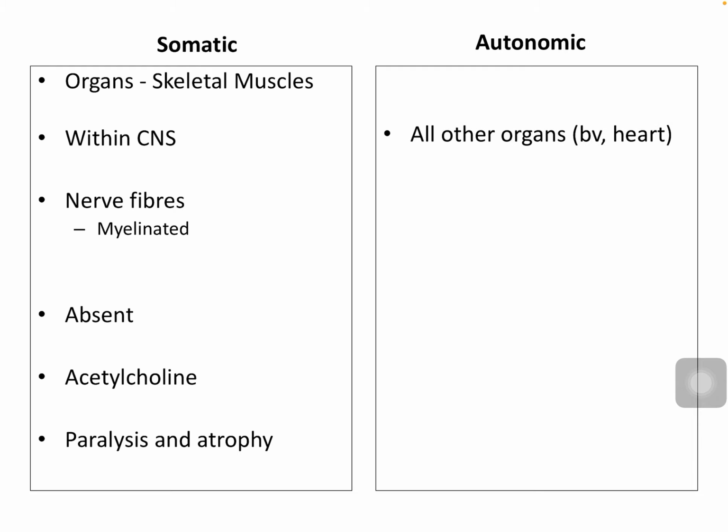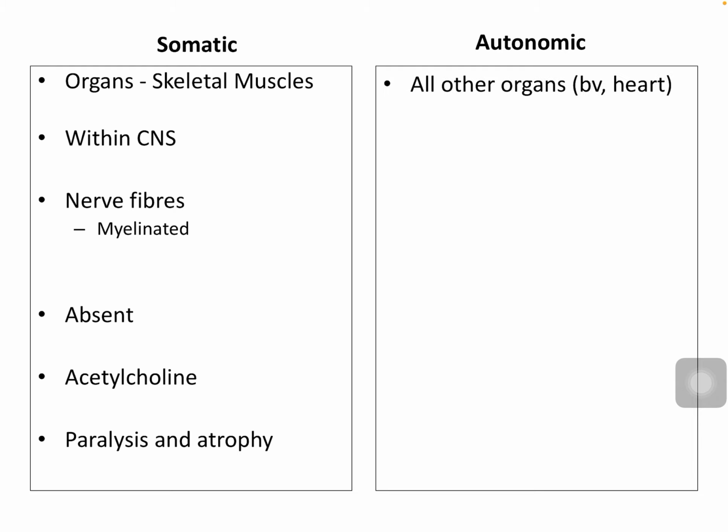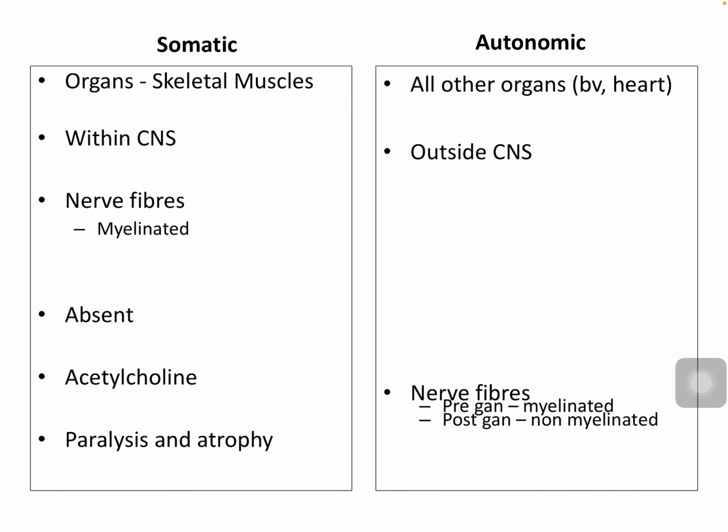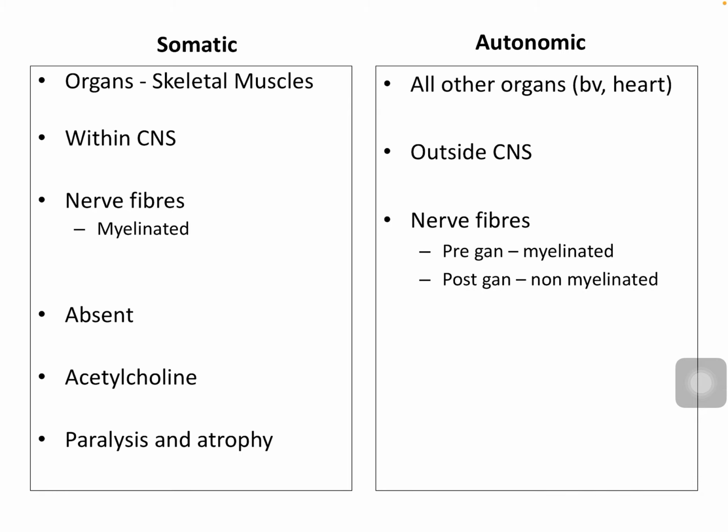In the autonomic type, all organs other than skeletal muscles are supplied by the autonomic nervous system. It can be parasympathetic or sympathetic. The neurons are located both within and outside the CNS. The preganglionic nerve fibers are myelinated, and the postganglionic ones are non-myelinated.